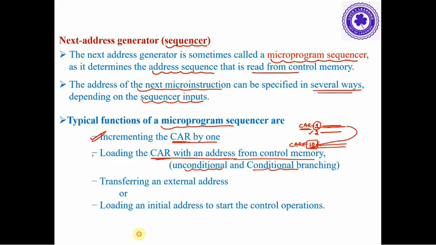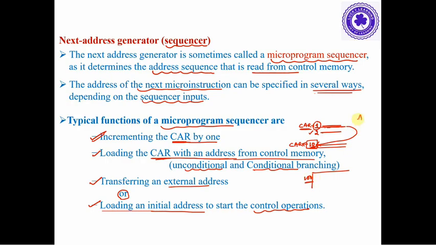And the third case is called transferring some external address, or the fourth case, loading an initial address to start the control operations. Suppose after execution of one microprogram, it has to execute another microprogram that is somewhere else in the control memory, let us say at the 100th location.